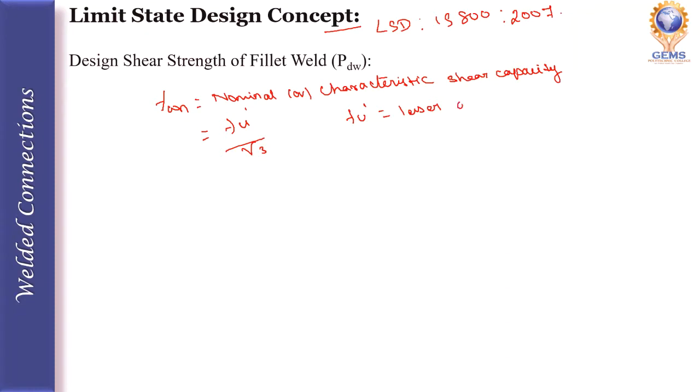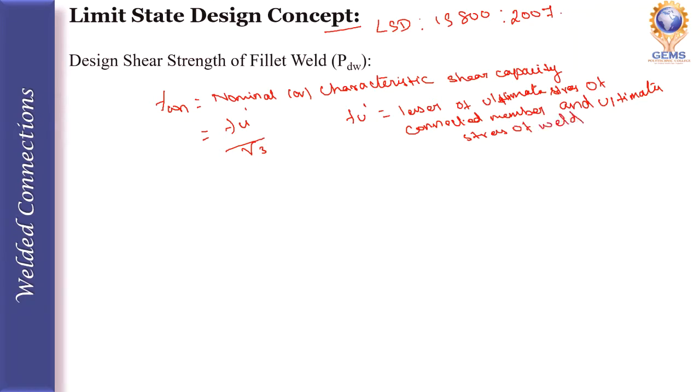Fu dash is the lesser of the ultimate stress of the connected member or the ultimate stress of the weld. So Fu dash is the lesser of Fu of connected member and Fu of weld.